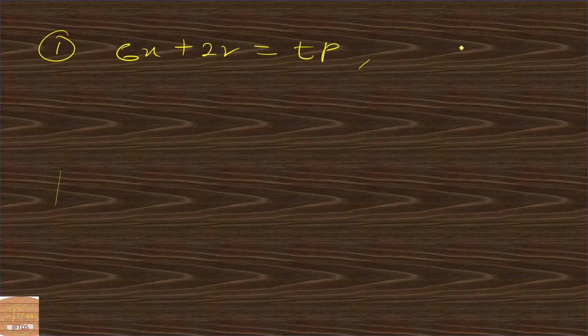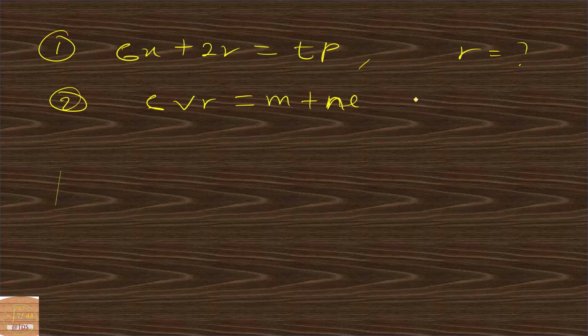Okay, so try the following. So you can try the following, number 1. So we have 6x plus 2r equals tp. So we have to make r the subject here. Right. 2. 6vr equals m plus ne.